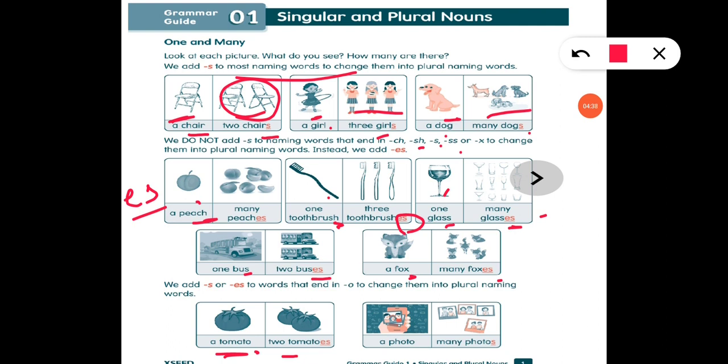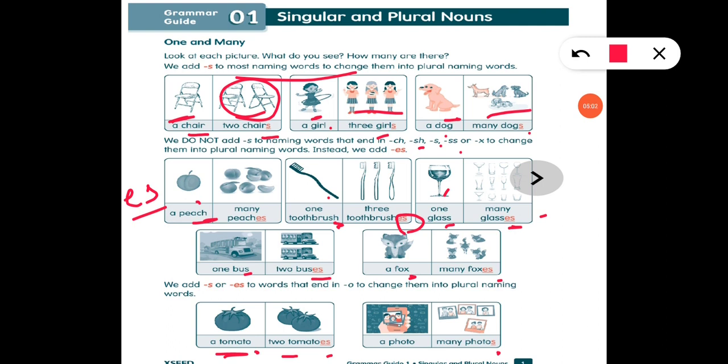Here there is o at the end of the word, so to make it plural we add s. With tomatoes, here es. With tomatoes, potatoes, mangoes, in these kinds of words we add es at the end of the word. I hope it is clear to you, students.